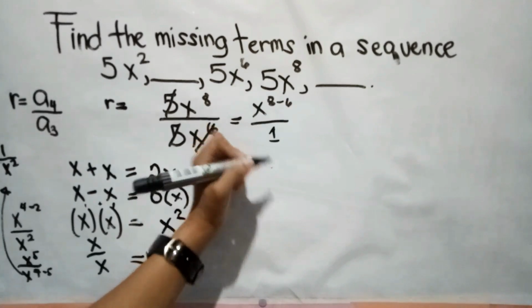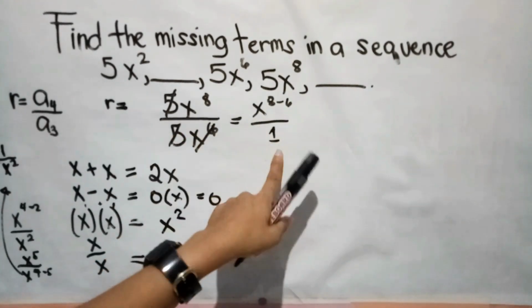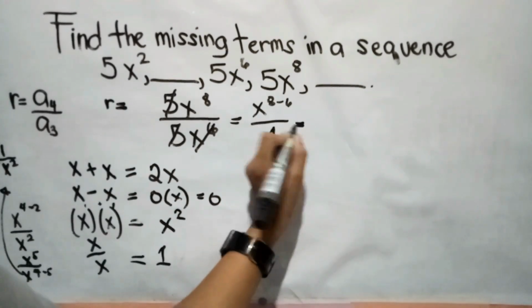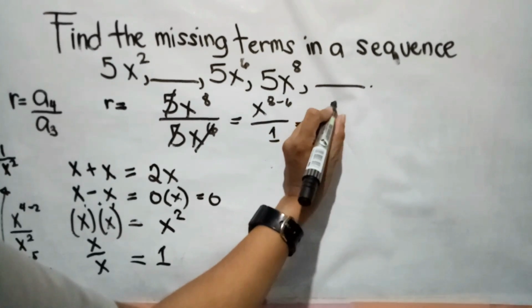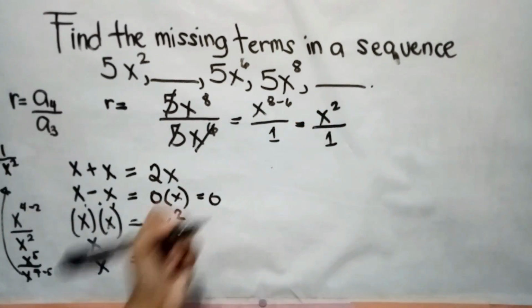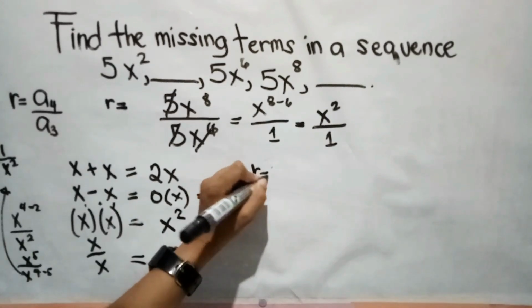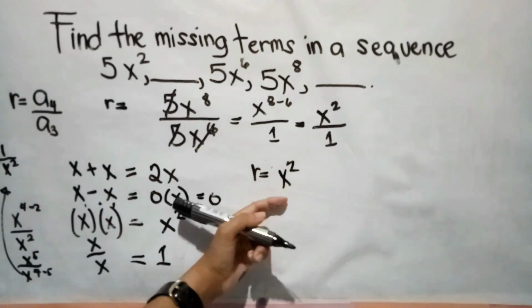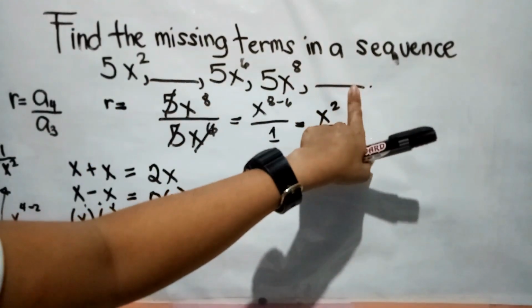Then leave 1 here because we got all the numbers at the numerator, so we need to put 1 at the denominator. Next, x raised to 8 minus 6, and that is x squared. Okay, so this is not actually the answer because we are looking for the missing terms.